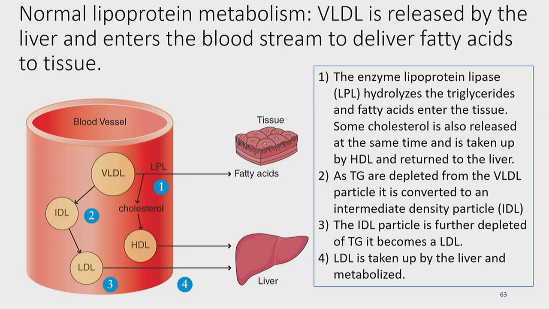As the triglycerides are depleted from the VLDL particle, it's converted first to the intermediate density particle, which is further depleted of triglycerides, becoming a low density lipoprotein, or the LDL. Then the LDL is taken up by the liver and metabolized.